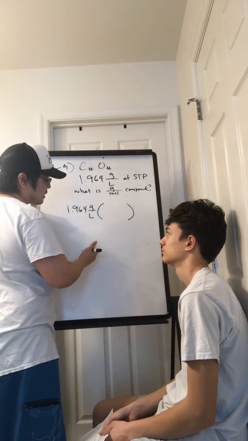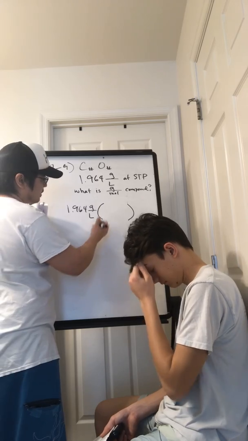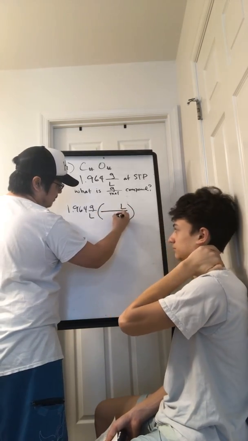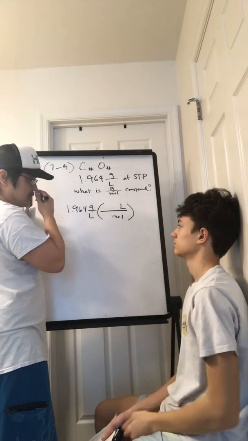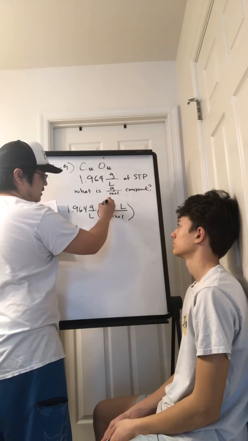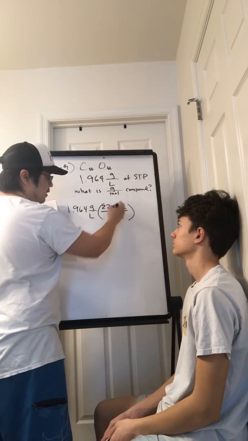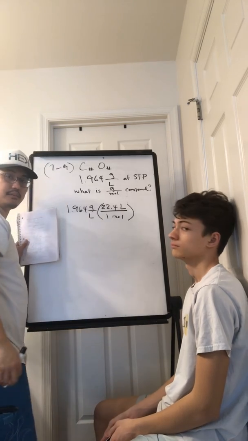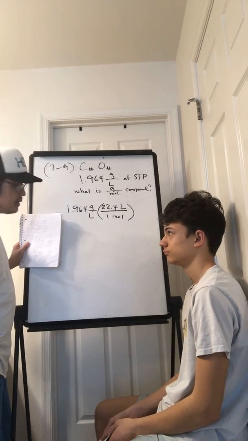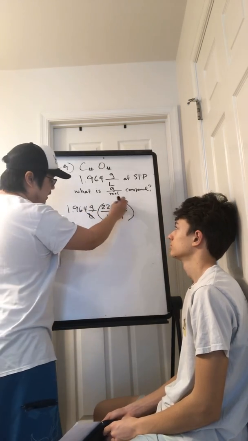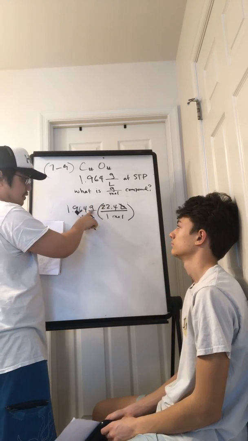So I'm going to multiply this where I have liters on top and moles on the bottom. I just told you that this is a gas at STP, so I know that it's 22.4 liters for every 1 mole of that gas. Does that make sense? Then this liters will cancel out with this liters, and I get the units that I'm looking for, grams per mole.